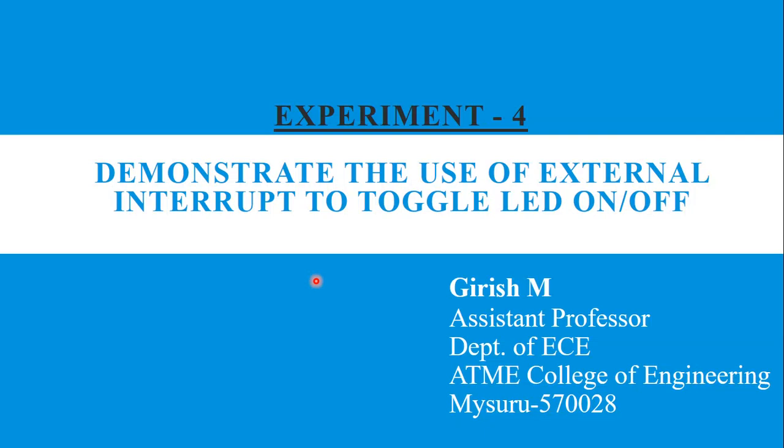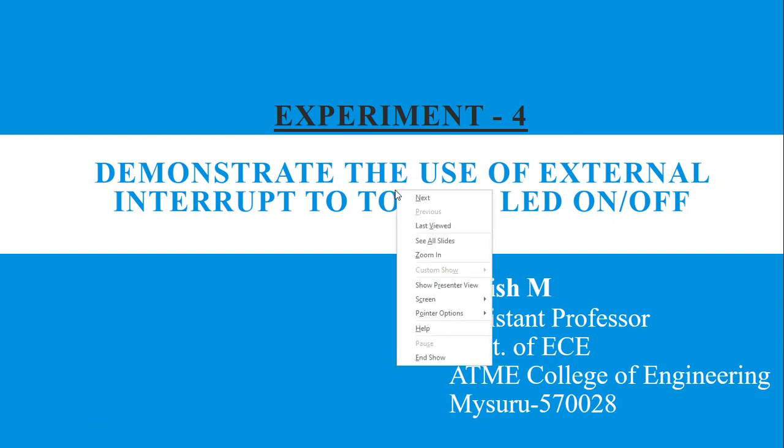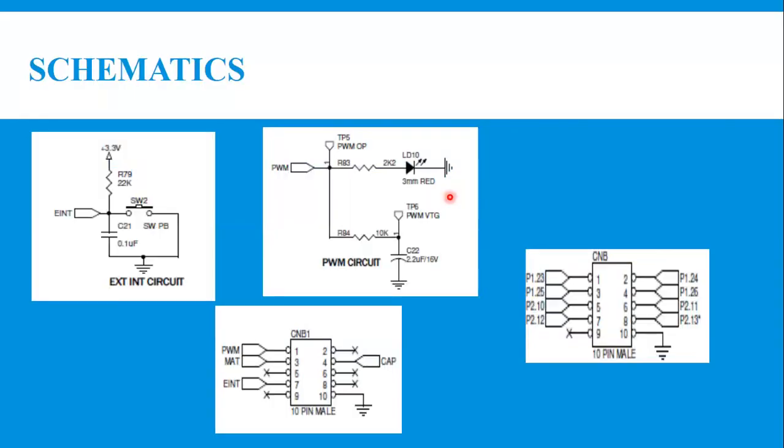In this video, I'm going to explain experiment number 4, demonstrate the use of external interrupt to toggle LED on and off. Here, the external interrupt concept is used in order to show the status through LED. The LED chosen is LED10.